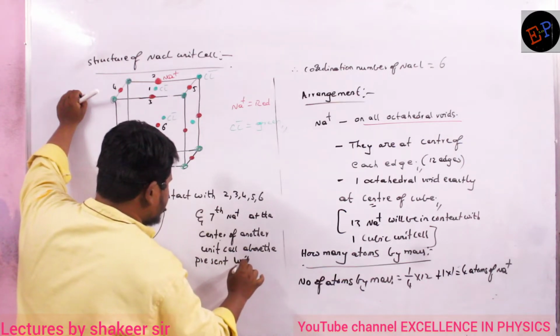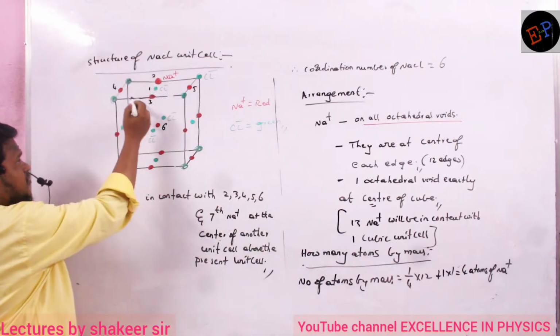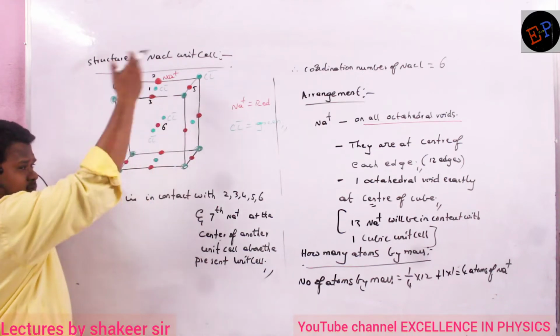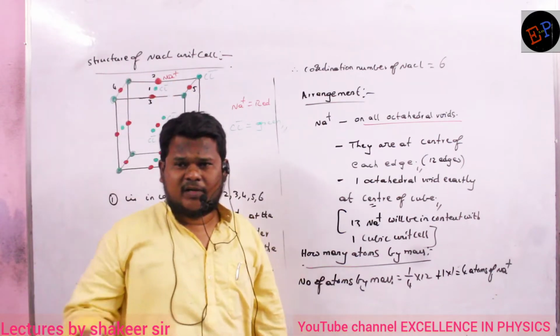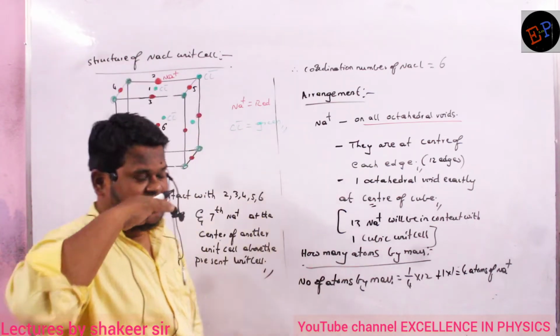Are you able to understand what is happening? So the 7th numbered Na plus is present above, in the second unit cell. Are you able to understand?